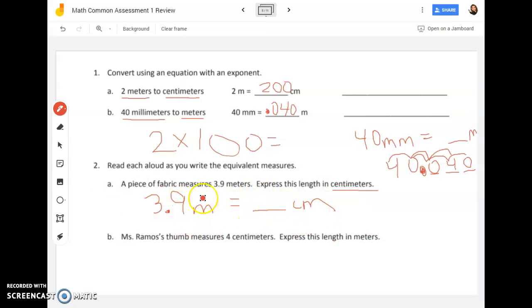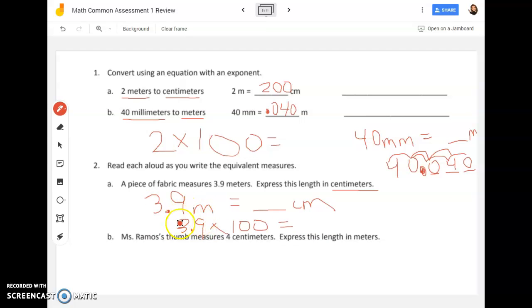You can also think of this as taking this number and we want to multiply it, I'm sorry guys, by 100 because there are 100 centimeters in a meter. So 3.9 times 100. That's really the same thing as moving all these digits 2 spaces, okay?